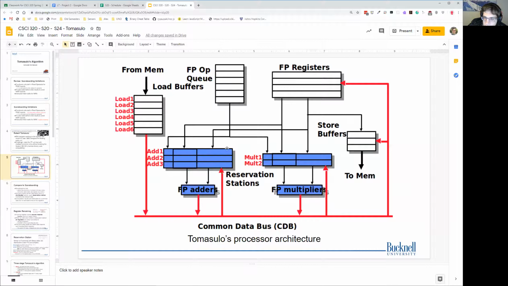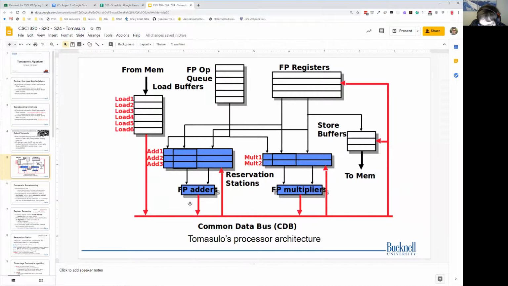Now, for now, just know that we have actually 3 steps here. We have an issue stage. This is basically here. We look at what type of instruction we have and then assign that instruction to a reservation station. Now, at some point, the instruction is executed.